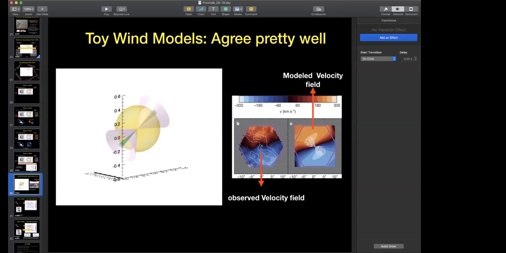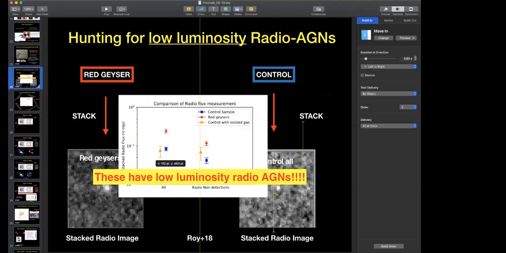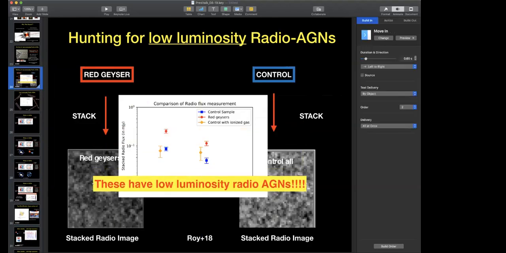is that comparable to your radio flux? Yes, it's comparable from the data itself. So for that we don't need a model. From the data, the radio luminosity comes out to be around 10 to the 21 to 10 to the 22 watts per hertz.